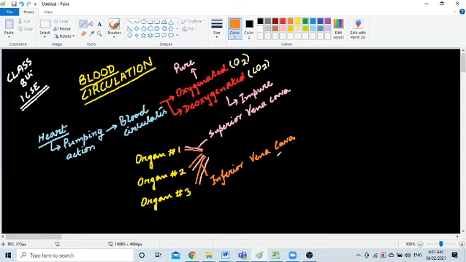These two veins actually supply the blood to the right auricle of the heart. Remember that this is impure blood and I am representing it with the blue color. So this is transferring this blood to the right auricle.